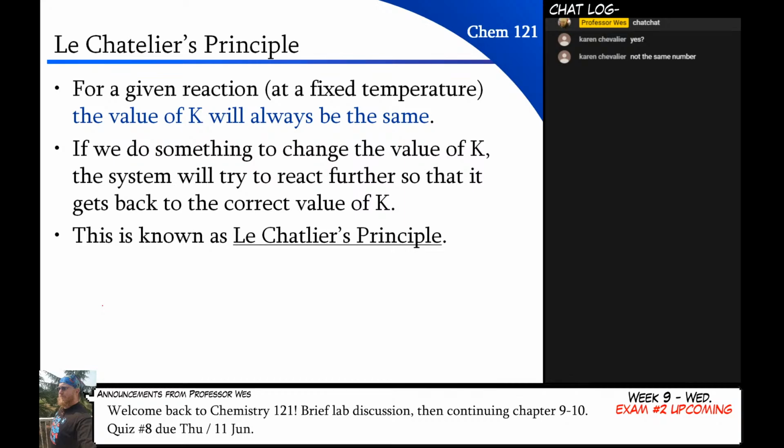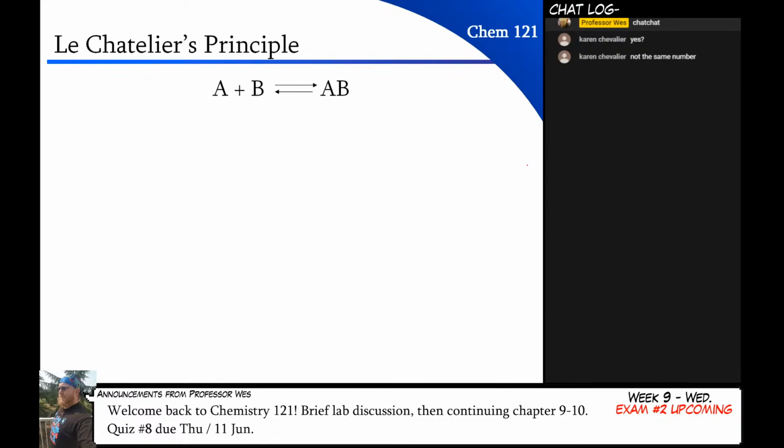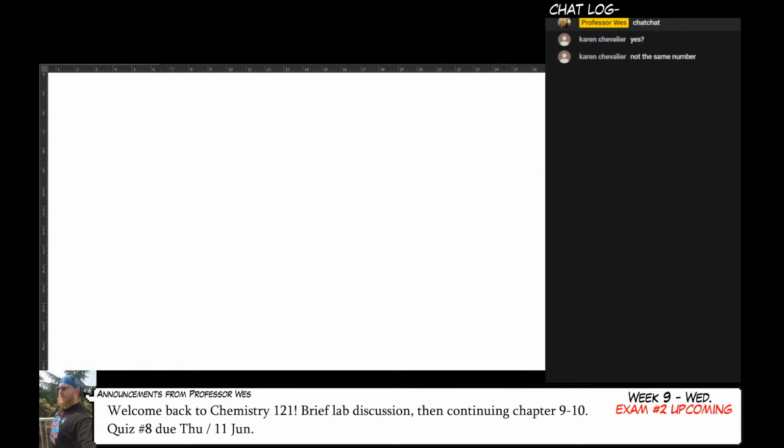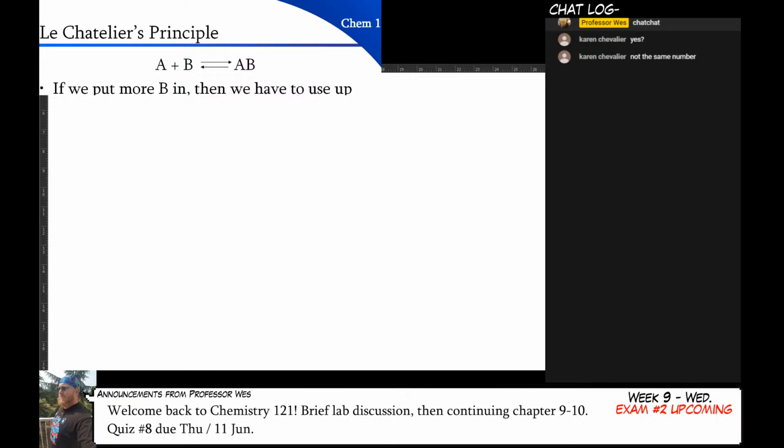Now we're going to do this with a sort of seesaw illustration that I'm going to try and draw here. Let me do that. So let's get a reaction on the board here.